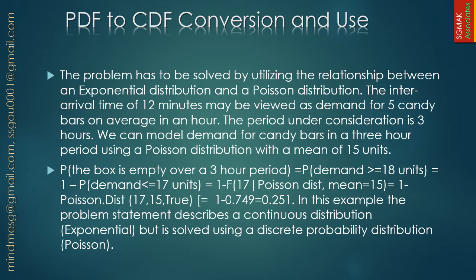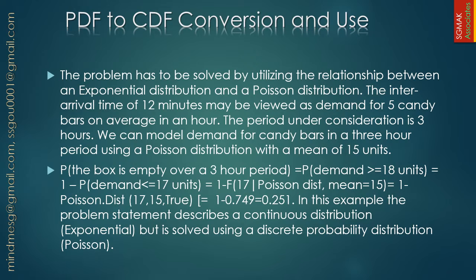A greater than type probability, you can always convert into less than type, the complement of a less than type, so that you can use the typical CDF lookup table. So in this case, probability demand greater than or equal to 18 is equal to 1 minus probability demand is less than or equal to 17 units. In terms of CDF, which is 1 minus F of 17 using a Poisson distribution with a mean 15.